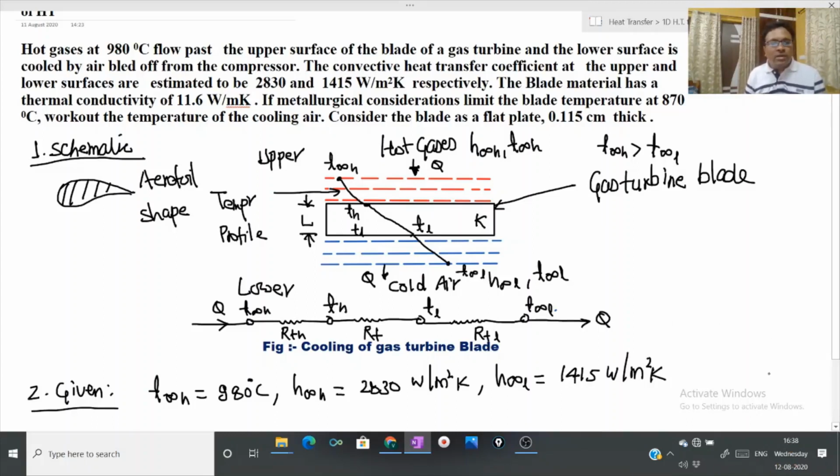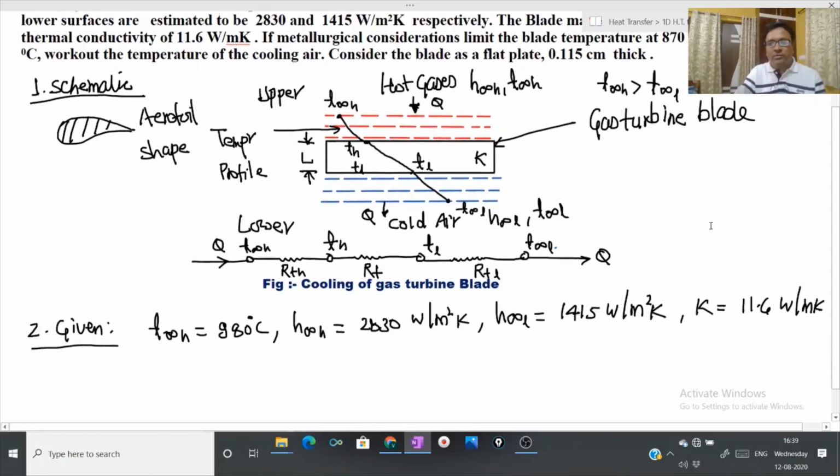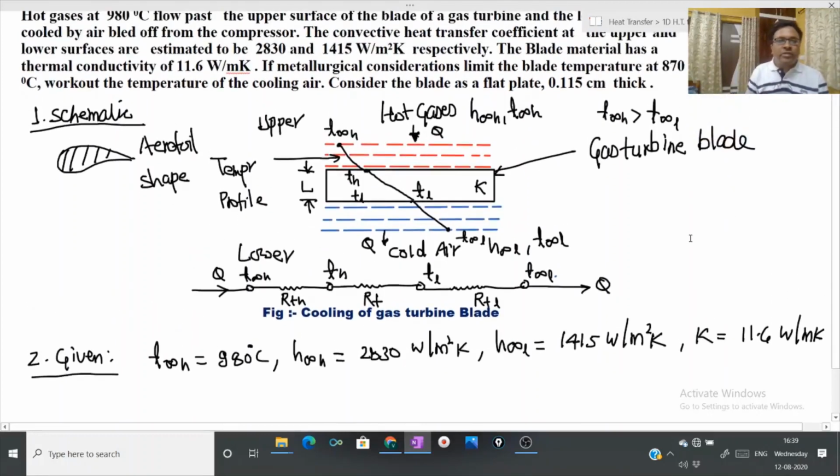Then thermal conductivity of the blade material is given as 11.6 watt per meter Kelvin. The blade, if metallurgical considerations limit the blade temperature, so upper surface temperature of the blade material is given as 870 degrees Celsius and thickness of the blade material is given as 0.115 centimeter.